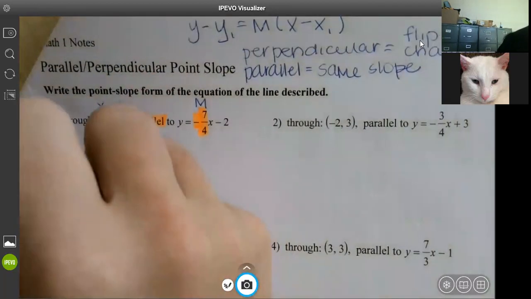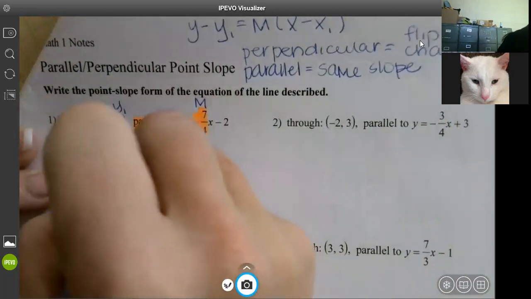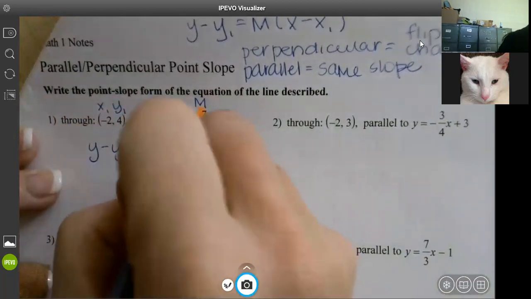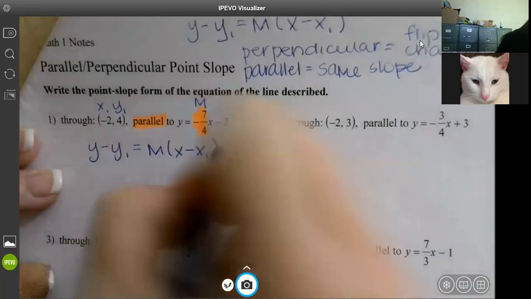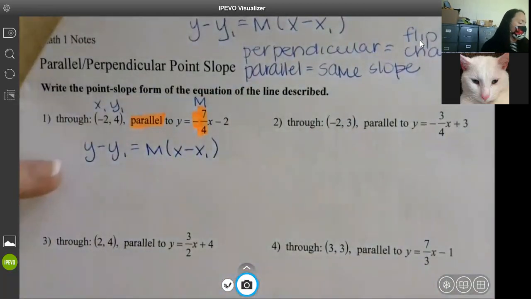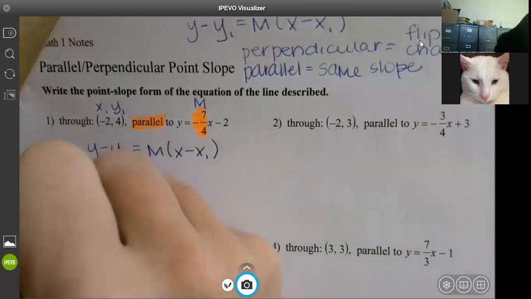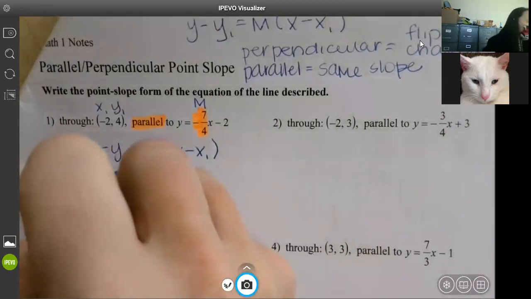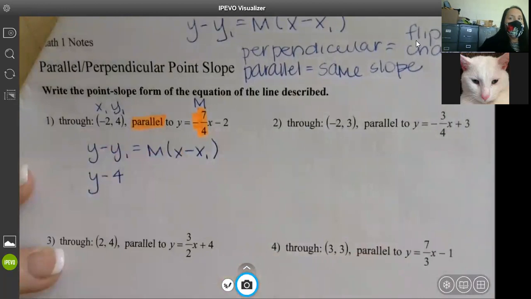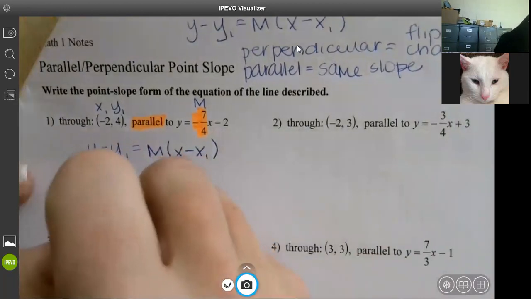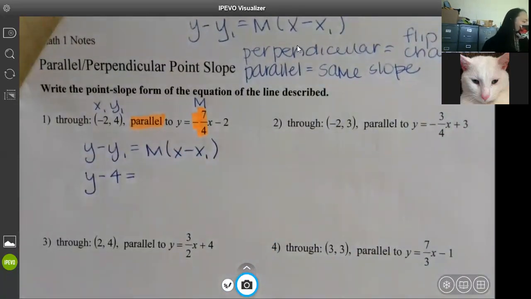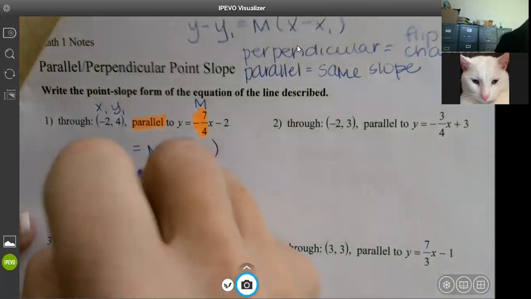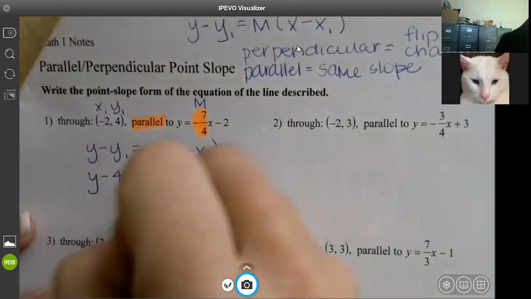So when I write my equation, y minus y1 equals m times x minus x1, I'm just plugging in the things I know. What is my y coordinate? So I'm going to do y minus 4 equals, what's my slope from the equation? So negative 7 over 4.